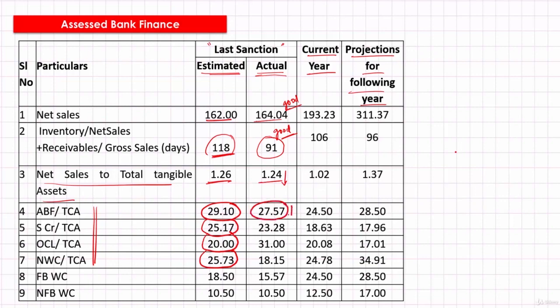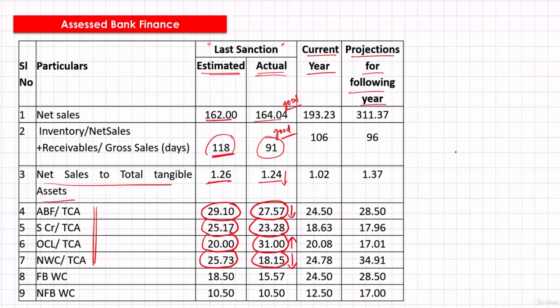Sundry creditor is not 25, it is only 23. So where did the change happen? In other current liabilities. Other current liabilities increased by almost 11%. It was estimated to be 20, but actual was 31. So since more other current liabilities were available, net working capital got reduced. This is a matter of concern.